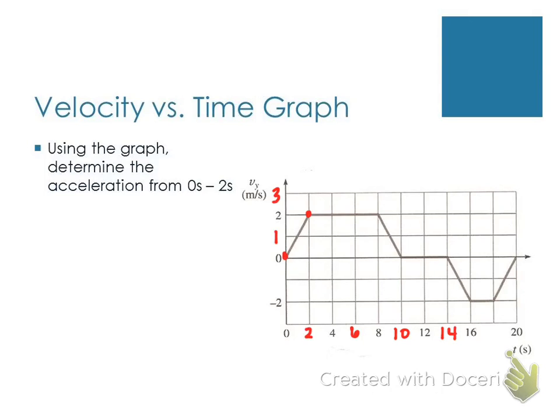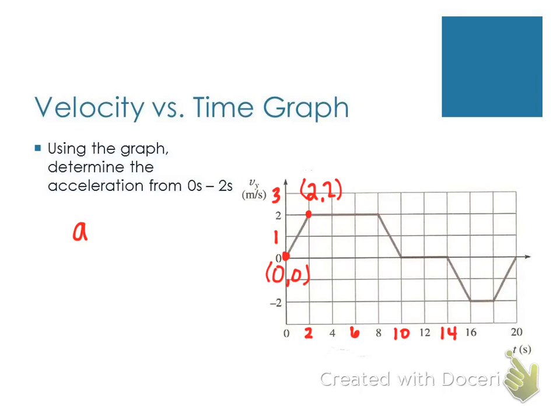Okay, so we want to find the slope of these 2 points. This point right here would be 2, 2. This point would be 0, 0. All right, so if I want to find the slope, I'm going to find rise over run.